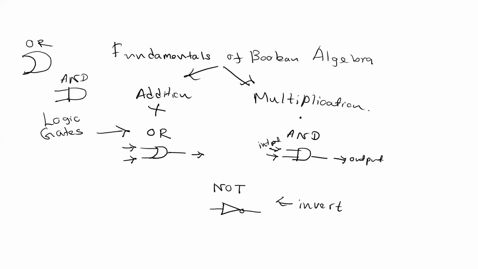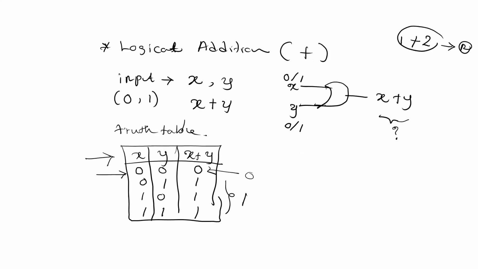We know that we have two different logical operations for Boolean algebra, which we refer to as addition and multiplication. We have different logic gates, and different symbols for each and every logic gate. And we know the truth table, and we know how to convert whatever input we have into a particular output based on its logic gate.